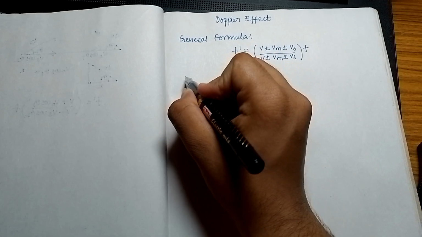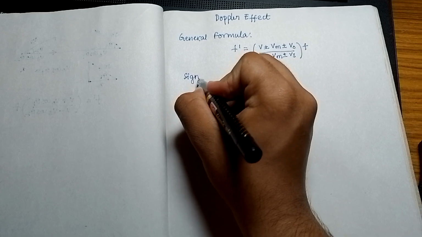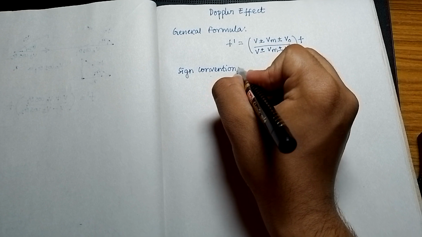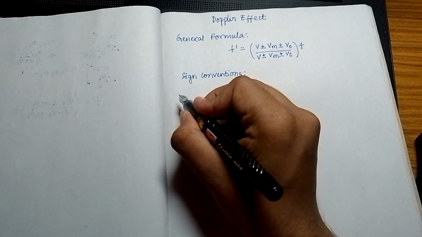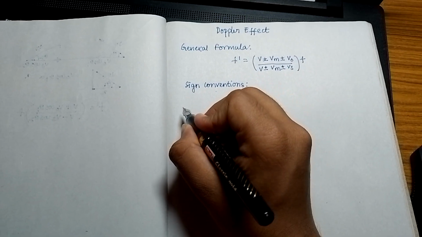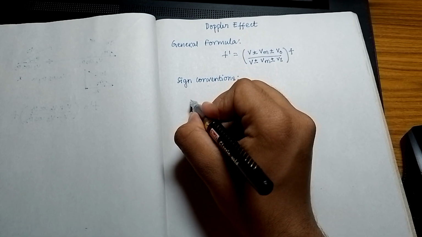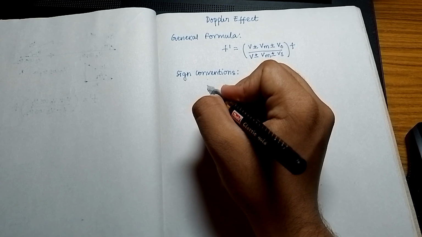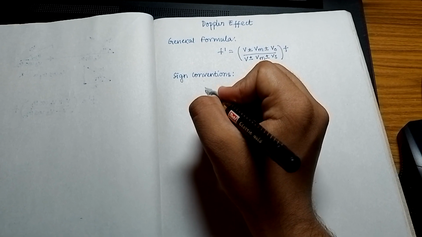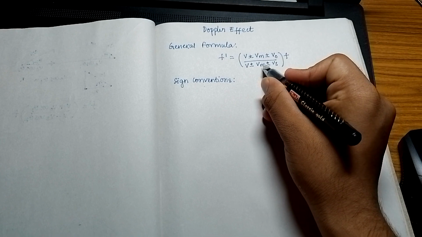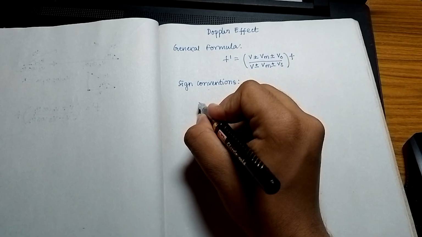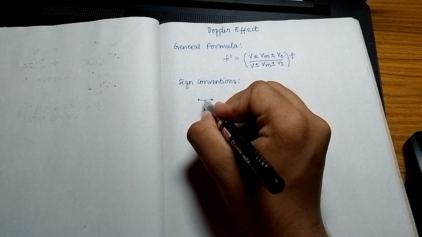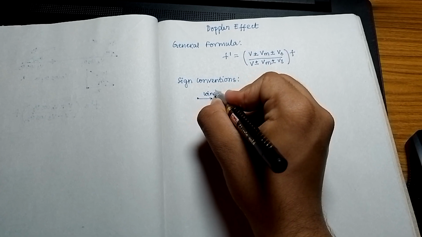So what are the sign conventions? If the medium is in the direction of the source, then we take positive for Vm. For example, wind is a medium generally.